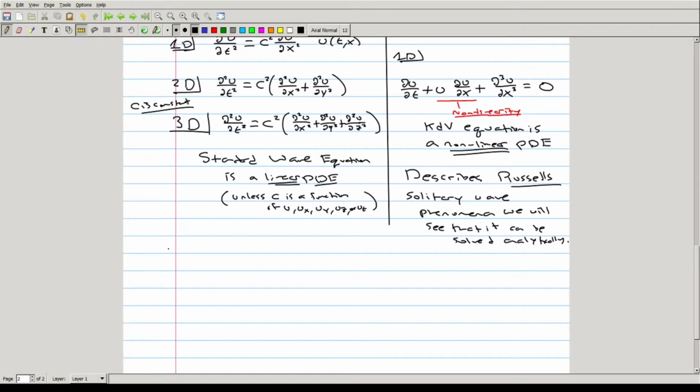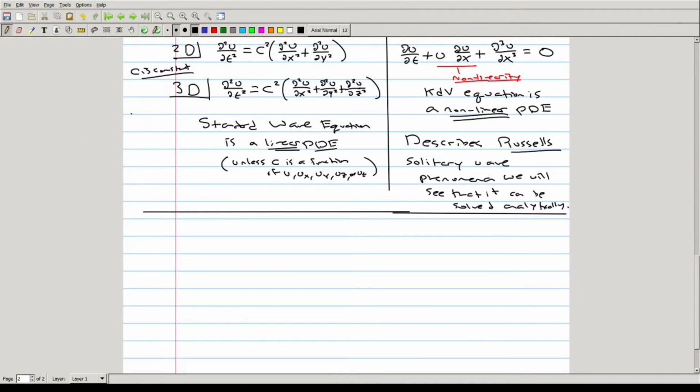Generally, when we're making models, we don't just get single PDEs, we get what are called systems of PDEs. So a system of PDEs is a system of such equations.